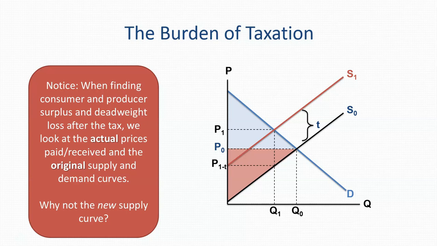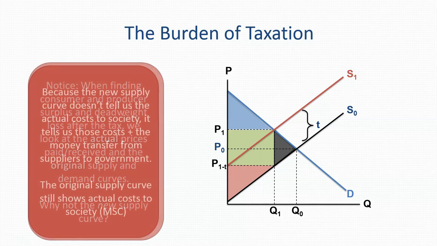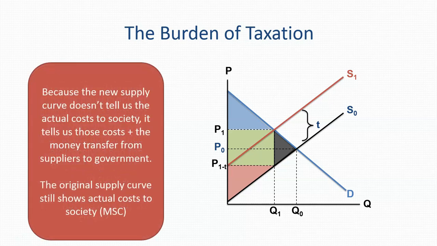In this case, the demand curve didn't change, but you'll notice that we calculated producer surplus based on the original supply curve, so that producer surplus was above that original supply curve, S sub 0, and below the price minus the tax. So we make reference to the original supply curve because the new supply curve isn't actually telling us the actual costs to society.